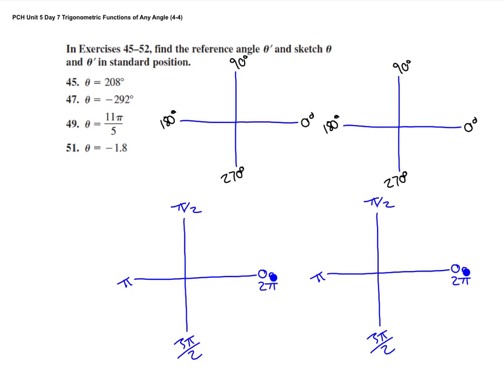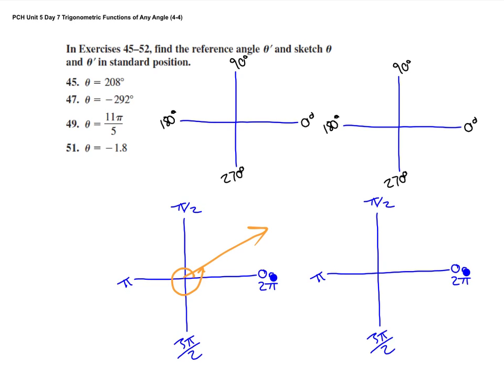Let's do one real quick here. Notice not all of these are within one rotation or even positive angles. So for example, let's do the radian one, 11 pi over 5. Where are we? It passes one full circle, and it's in that first quadrant.